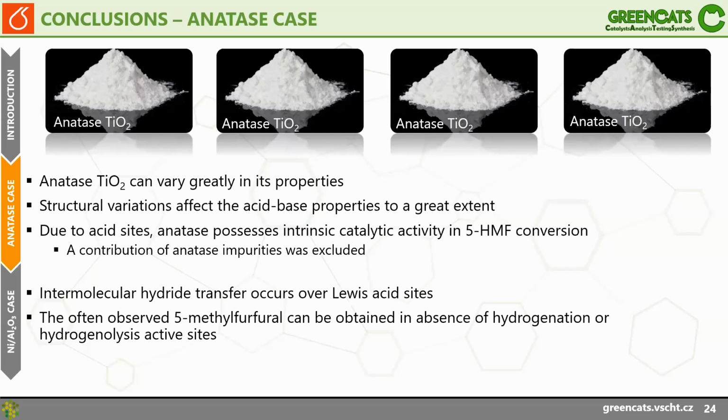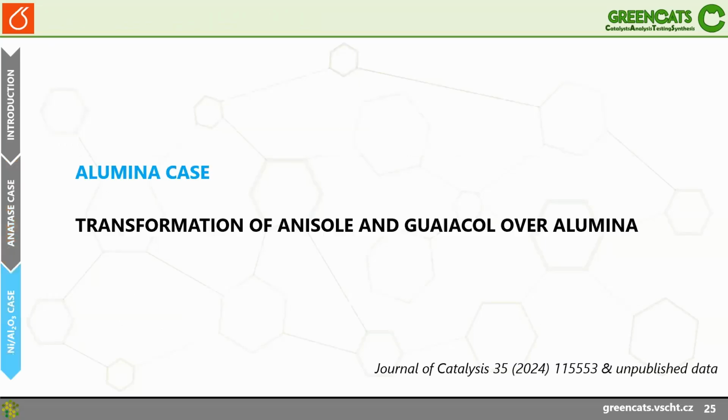So we believe that the whole reaction happens through this hydride transfer, and we can obtain this product even without hydrogen, even without metal, with significant yields. And with a little bit of metal, we could have a selective production of this 5-methyl phosphorate. Okay, so this is the first part, covering titania.